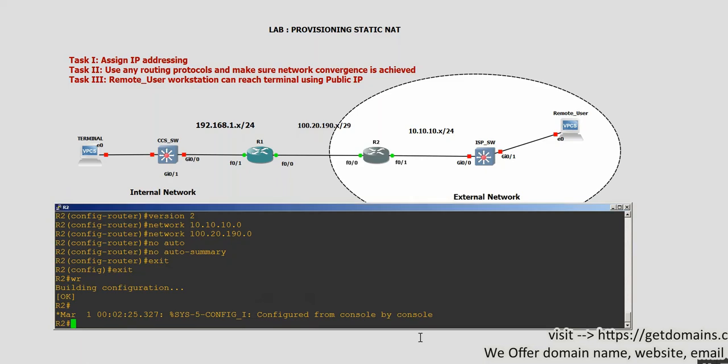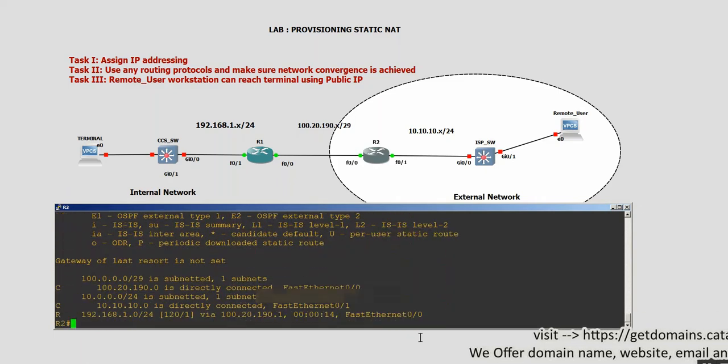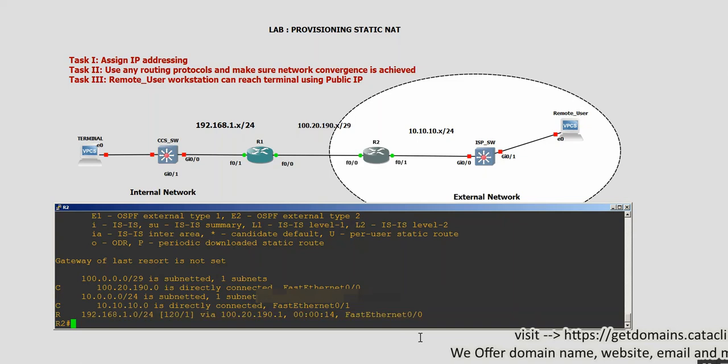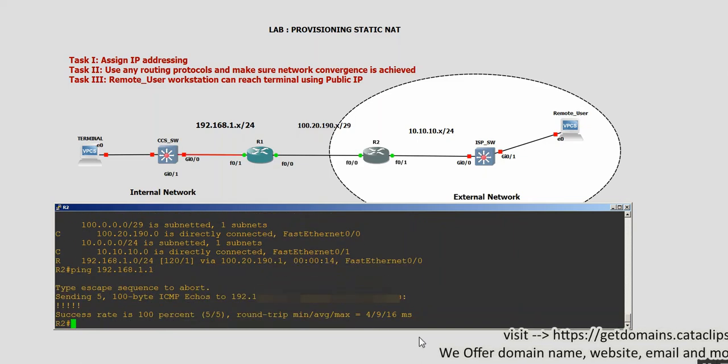Okay, since we have already applied the routing protocol, I should see some routes. Show IP route, and you can see from R2 I can reach the 192.168.1 network. That means from here I should be able to ping 192.168.1.1, which is the IP address of the internal router.